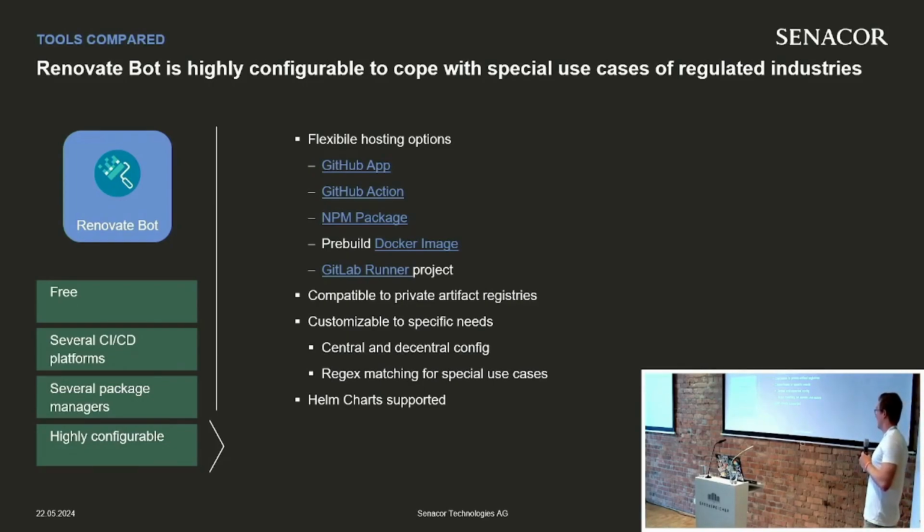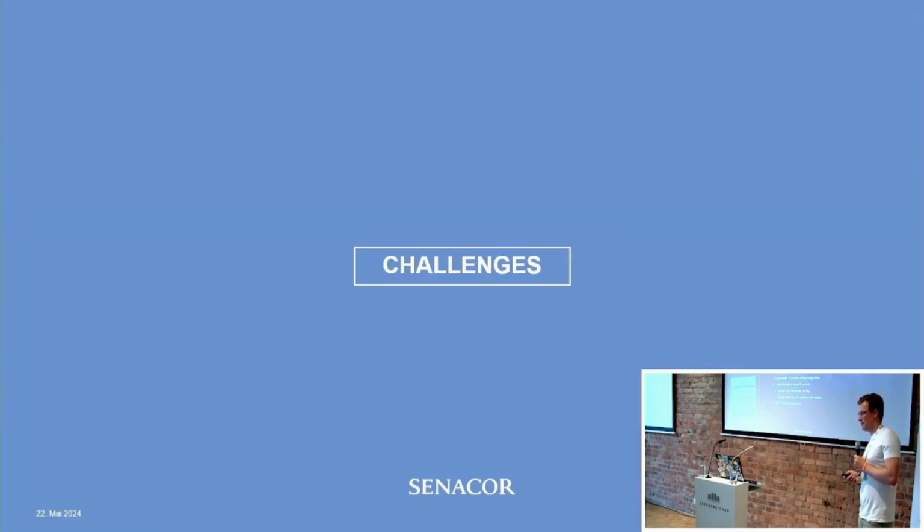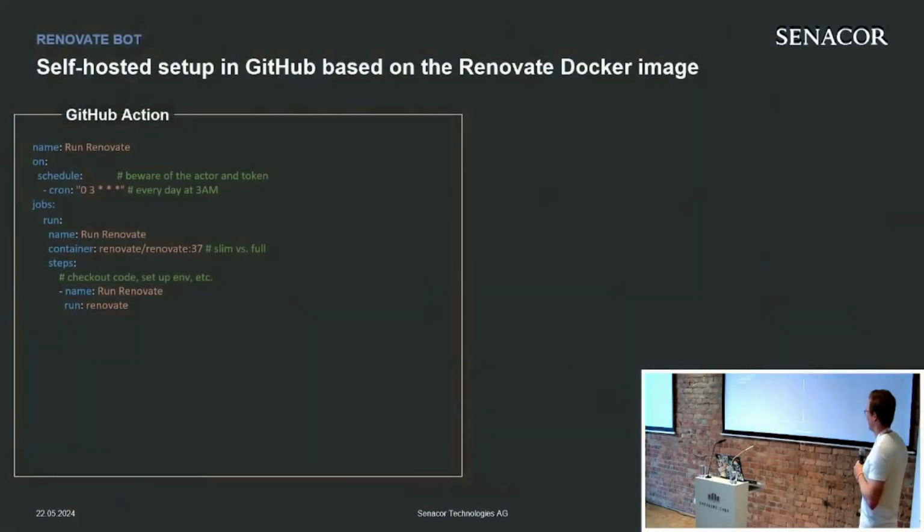For instance, if you have deployment mechanisms that you created, maybe you want your tool to look in a specific location for new versions. So you can actually use regex matching for that to help you there. And in our case, we also wanted to have Helm charts updated.